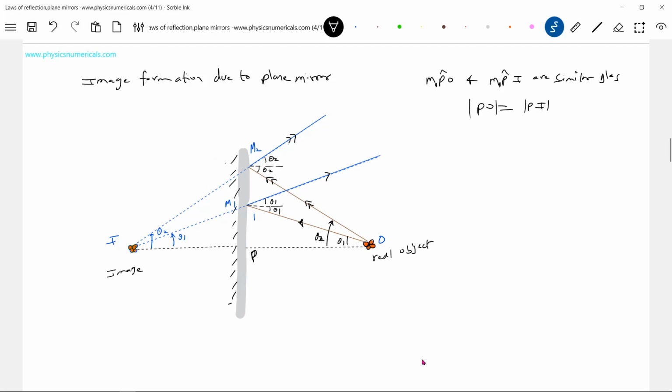PO is the object distance, and PI is the image distance. So for a plane mirror, what will happen? The object distance is equal to the image distance.